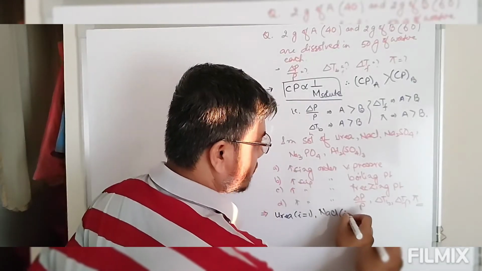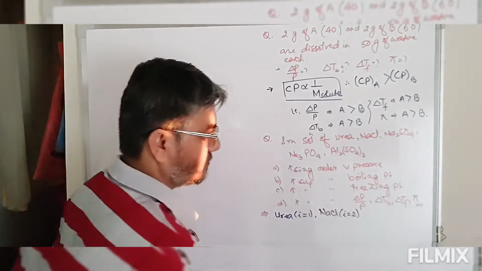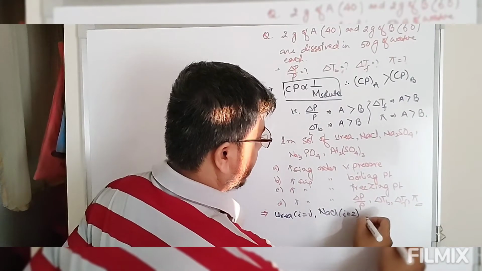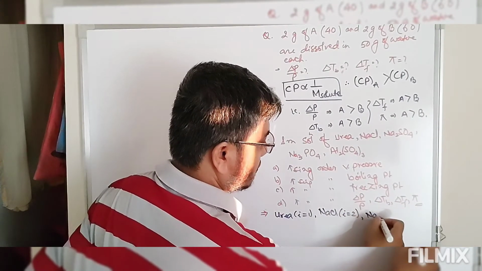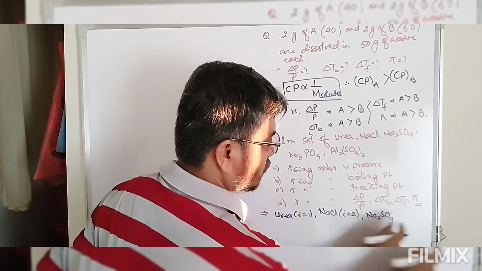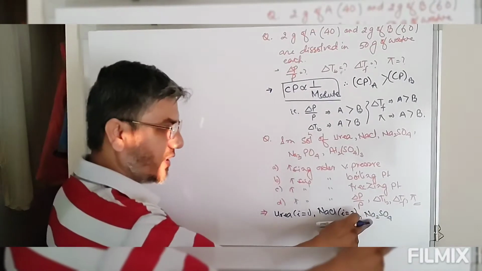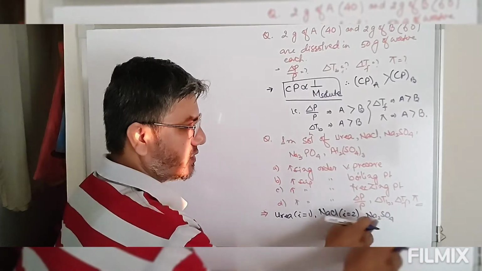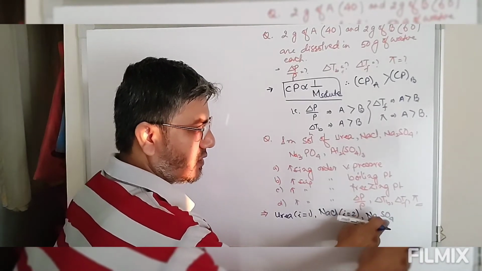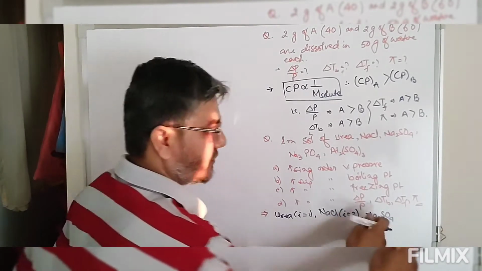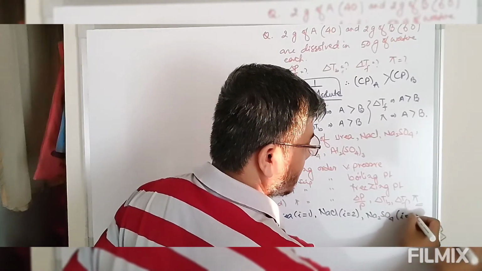This is an electrolyte, so i equals 2. Then we have sodium sulfate. Sodium sulfate is again an electrolyte which dissolved in water gives 2 moles of sodium and 1 mole of sulfate. So i will be 3 here.